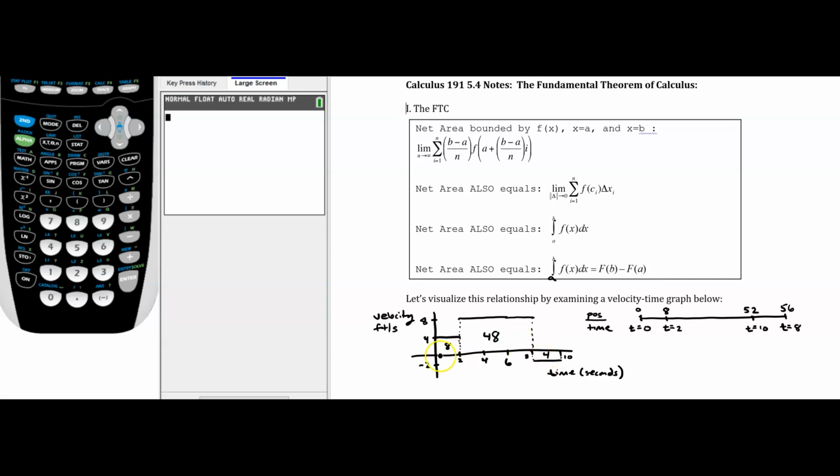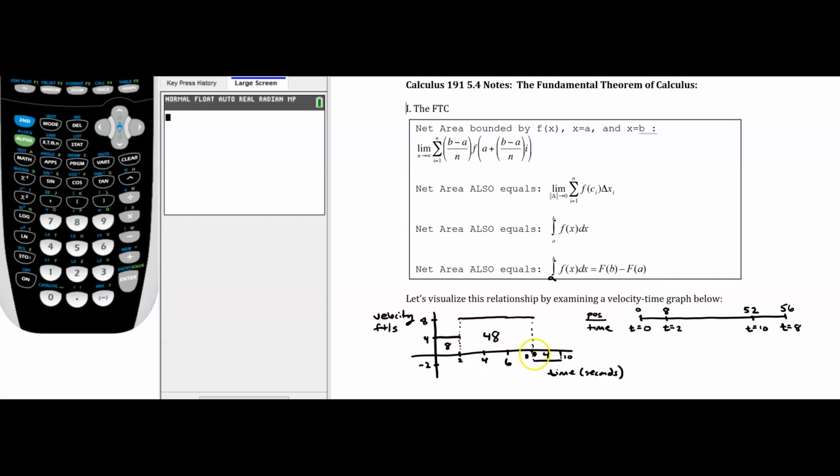So we can see that for the first 2 seconds, our object is traveling at 4 feet per second. And so as a result, I've written in here 8. That means if you've gone 4 feet per second for 2 seconds, doesn't that mean that you've traveled 8 feet? So at time 2, our object's position is 8.